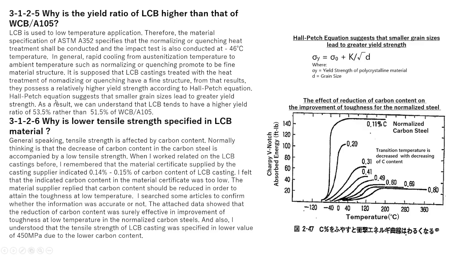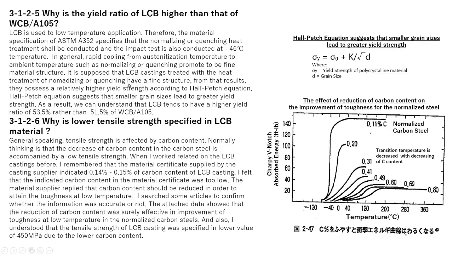The Hall-Petch equation suggests that smaller grain size leads to greater yield strength. As a result, we can understand that LCB tends to have a higher yield ratio of 53.5% rather than 51.5% for WCB A105.